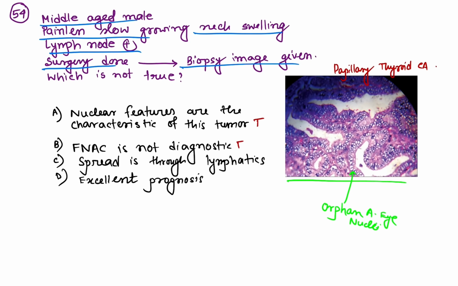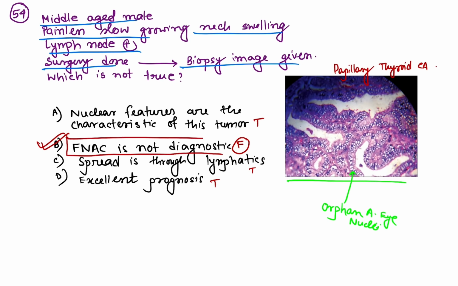This is false, because FNAC is not only diagnostic but confirmatory. Spread of this tumor is through lymphatics. This is also true. It can metastasize through lymphatics. It has excellent prognosis. This is also true. Papillary thyroid cancer has excellent prognosis. So which one is not true about papillary thyroid cancer? The answer is FNAC, not diagnostic.